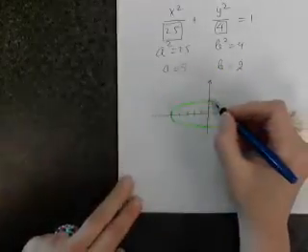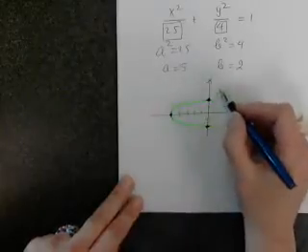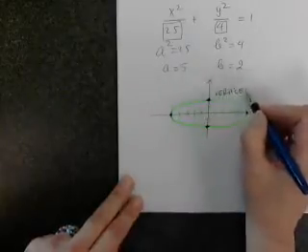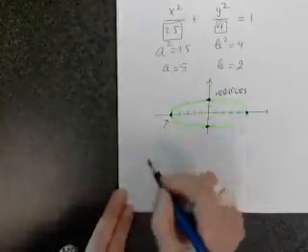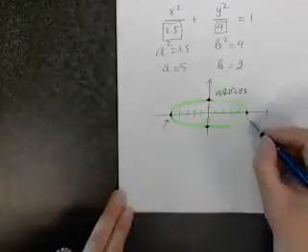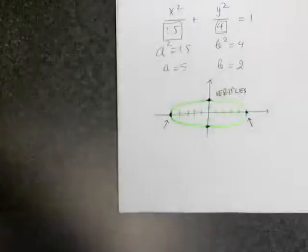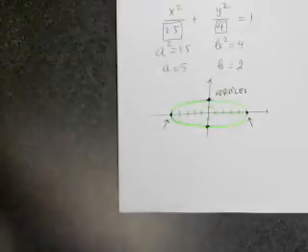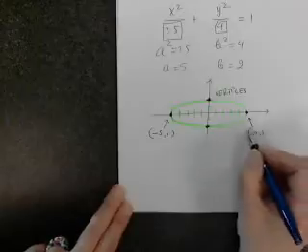These are called vertices. Let's identify the vertices. This one. Negative 5, 0, and 5, 0.